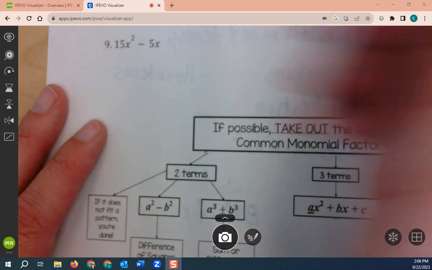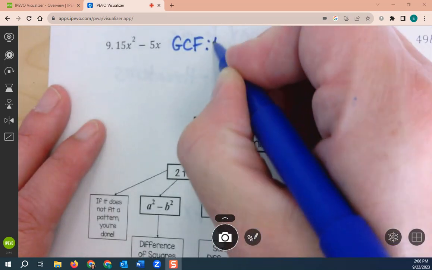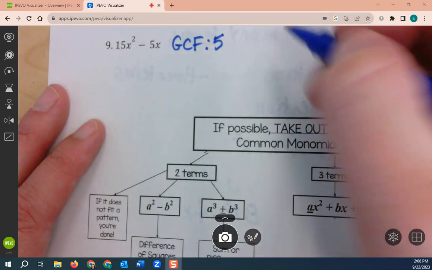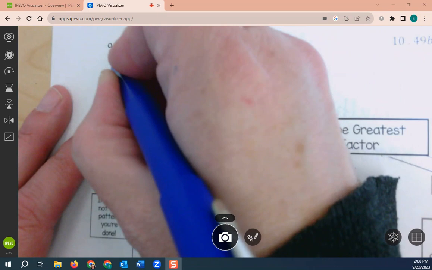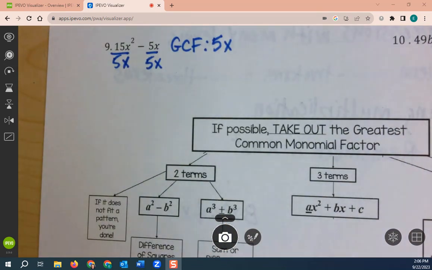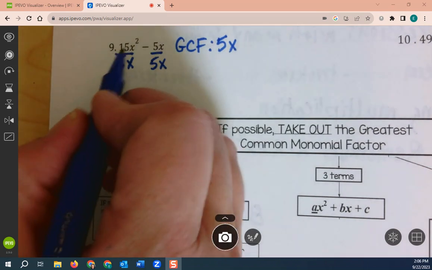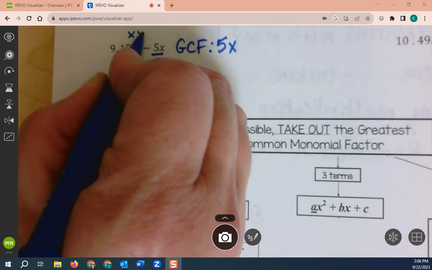All right, so I saw a bunch of you divided by what GCF? 5 what? X, good. This is tricky because a lot of people, when everything cancels out, they're not sure what to do with that. But some of you are. So 15 divided by 5 is 3. X squared, of course, is x times x.